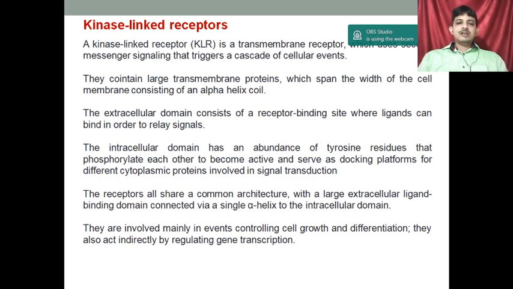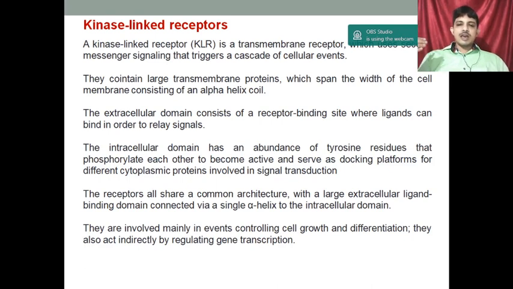Now, generally, these receptors share a common architecture, the structure. The large extracellular ligand binding domain is connected via a single alpha helix to the intracellular domain.